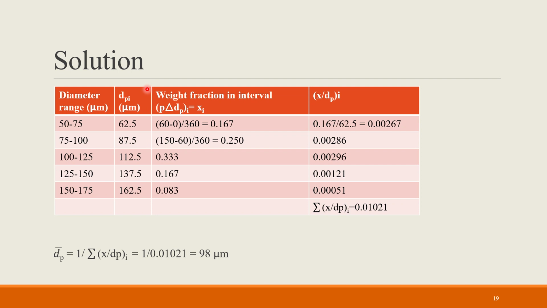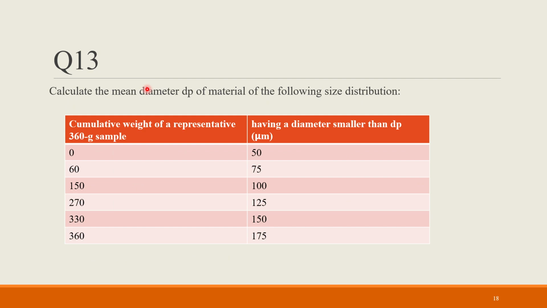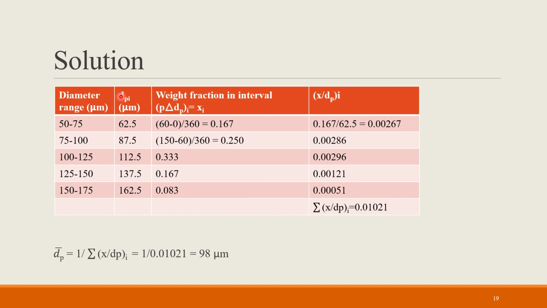So I think you understood this. The question is basically how to calculate the mean diameter of the material with the following size distribution. The cumulative weight of the representative 360 gram sample is given, and the diameter smaller than dp is given for each fraction. From this we calculate the mean diameter for each size range and the weight fraction in that interval.